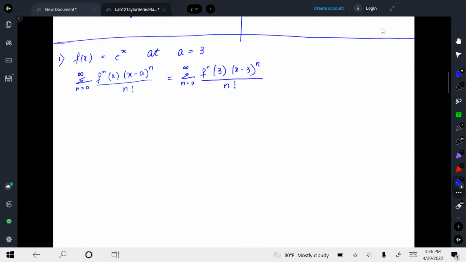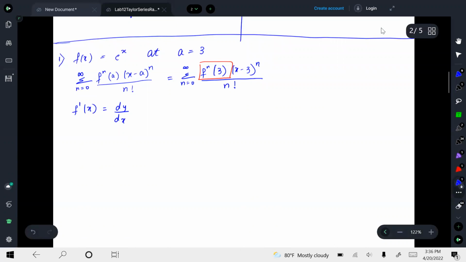Now we need to find what is the nth derivative of the given function. In order to do that, let us first find the first derivative, that is f prime of x, d by dx, that is nothing but e to the power of x. So the derivative of e to the power of x is e to the power of x. Now f double prime of x will give us d by dx of again e to the power of x, which is nothing but e to the power of x.